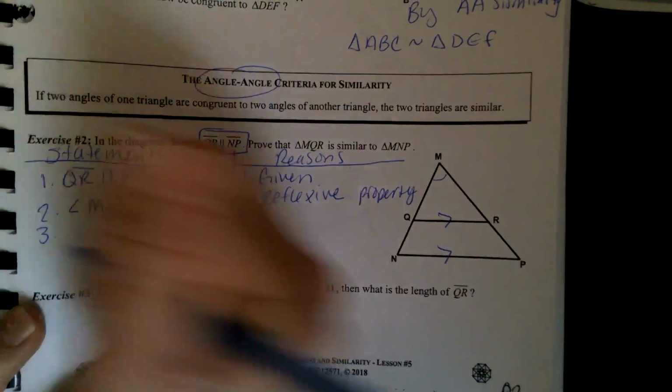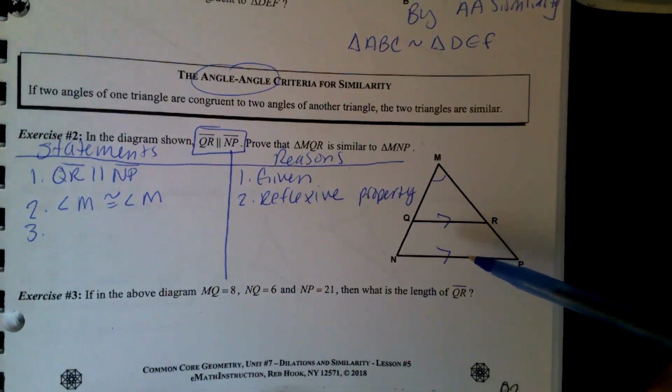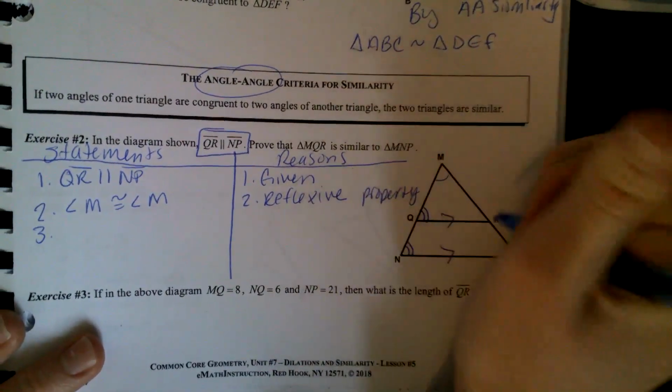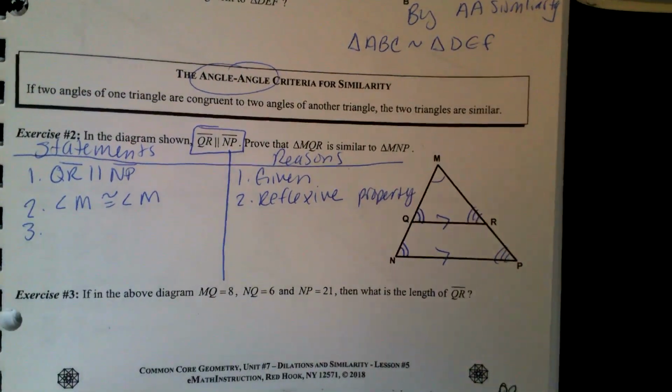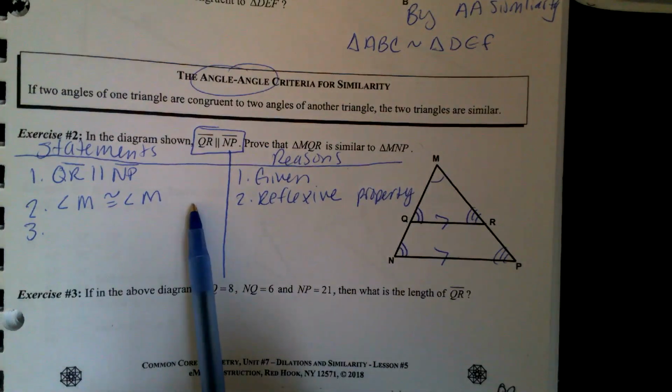Now our third one. Now we were given that these two lines are parallel for a reason. Now we don't have any alternate interior angles, but we do, however, have corresponding angles. Now this one is congruent to this one, and this one is congruent to this one. Now we don't need both of them since we already said angle M is congruent to angle M. We just need one.